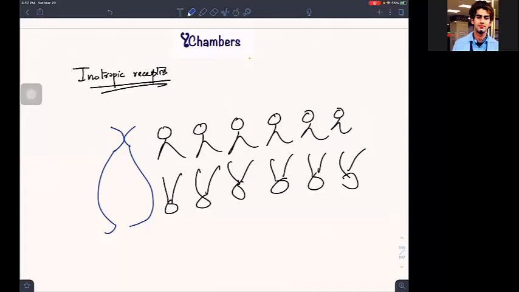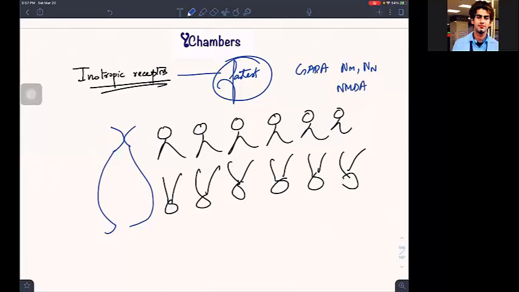By the way, inotropic receptors are the fastest. They are your airplane. They are the fastest receptors you can have. Like you have GABA, like you have NM, like you have NN, like you have NMDA, like you have 5-hydroxytryptamine receptors. Glutamate works on NMDA receptors.